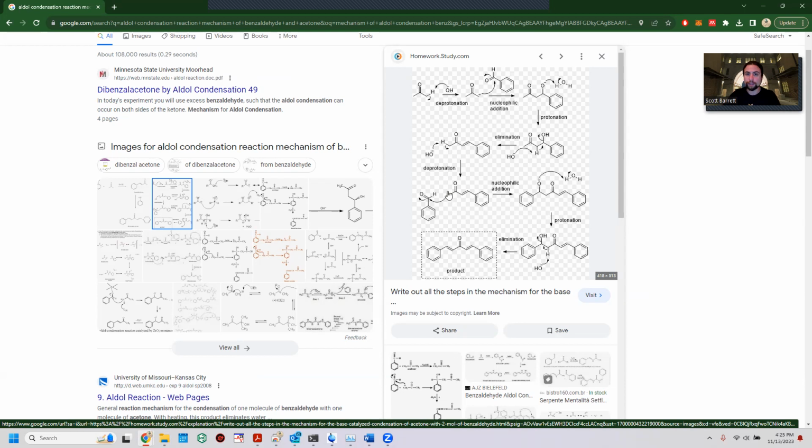And so this alpha carbon here does the same attack on the carbonyl carbon, and the electrons move up from the pi bond into the oxygen in order to now have this anion left here. It abstracts another proton and then finally goes through the same steps of condensing or eliminating in order to leave us our dibenzyl acetone product.